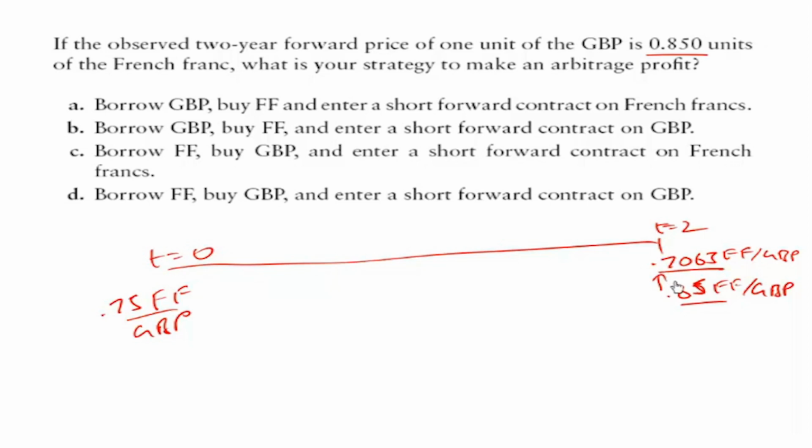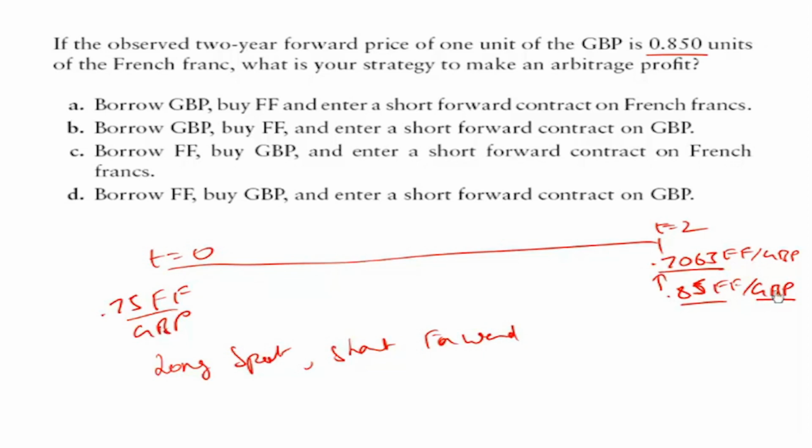Either way, to benefit from the arbitrage, you need to long cheap, long the spot, and short expensive, short the forward on the GBP. For the French franc, it will be the other way around. If GBP is expensive, French franc is cheap. If GBP is cheap, French franc is expensive.